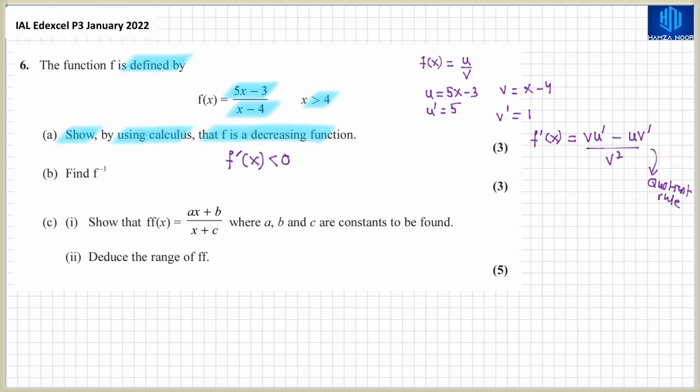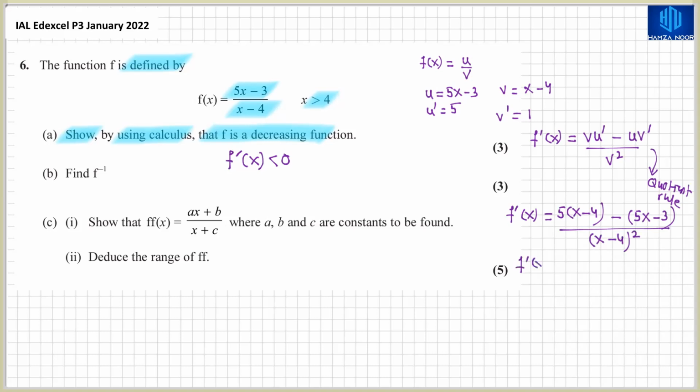So f'(x) will be equal to, first you write v times u', so this is 5 multiplied by (x - 4), and then a subtraction sign. Then you have u times v', which is (5x - 3), and it is completely divided by v squared, meaning (x - 4) whole squared.